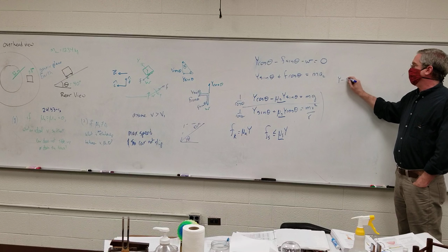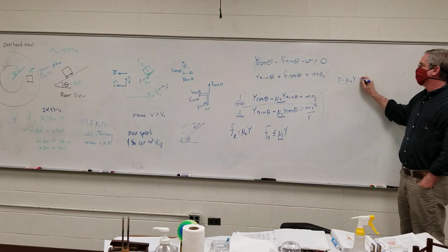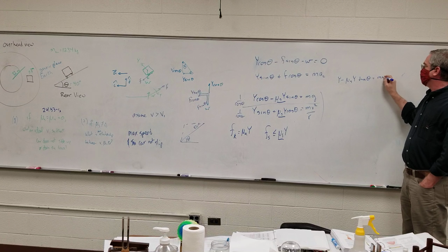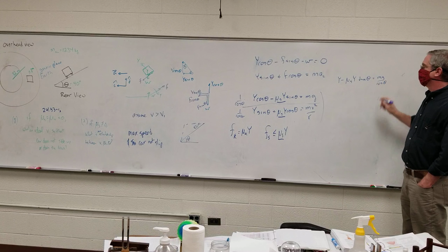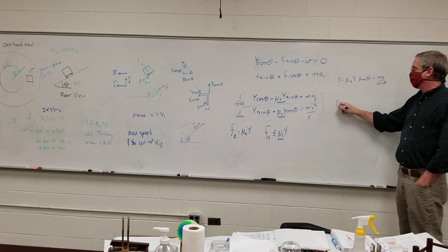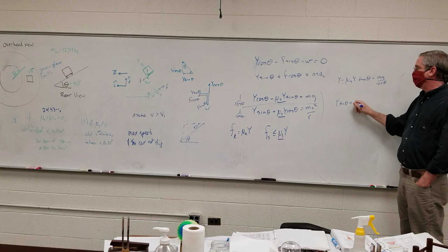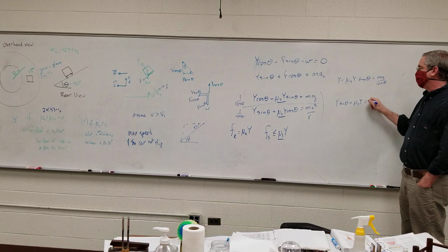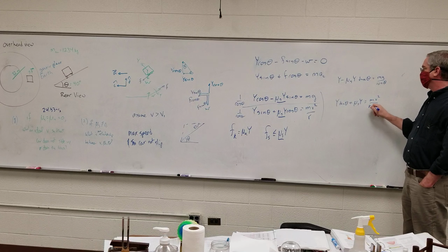So I get y minus mu s y tangent of theta is equal to mg over cosine theta. The other one, we'd have y tangent of theta plus mu s y is equal to m v squared over r cosine theta.